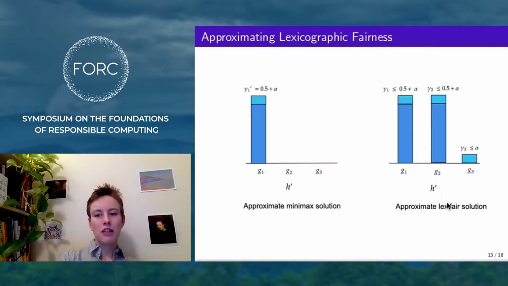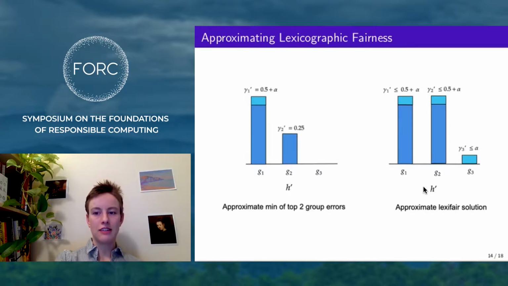So, say we approximately minimize the maximum group error and get something alpha worse than 0.5. So far, this is acceptable. But because the first group had slightly worse error, we might be able to greatly improve the second group's error, say to 0.25. This is still fine since it's better, not worse, than the lexifair solution.